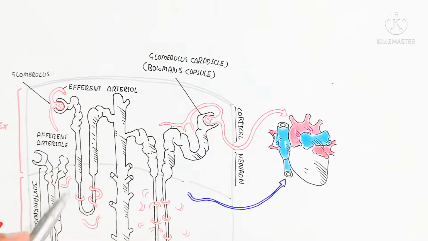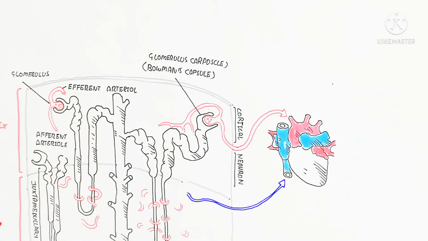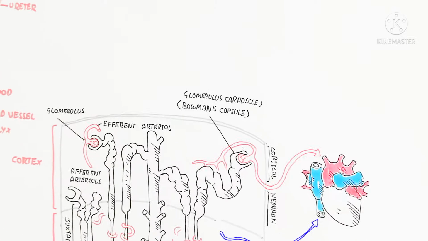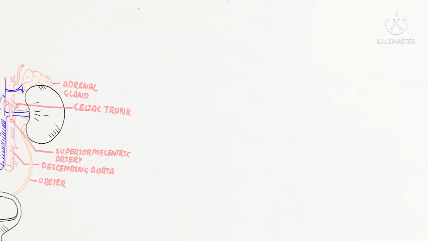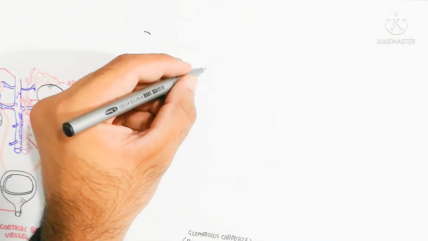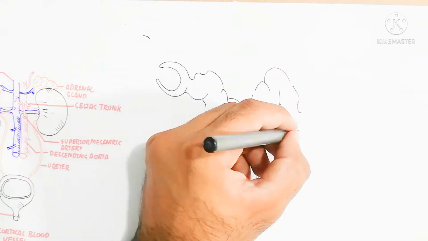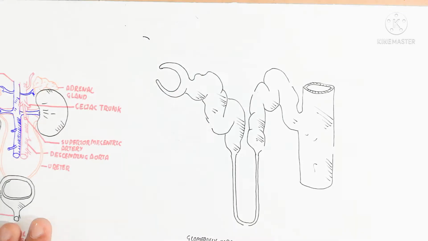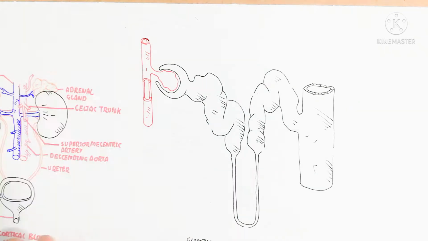So the circulatory system is a continuous movement of blood throughout the body, with filtration throughout the body. Here we will discuss just the nephron.